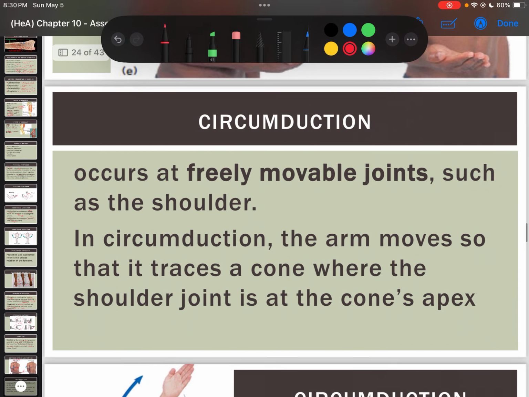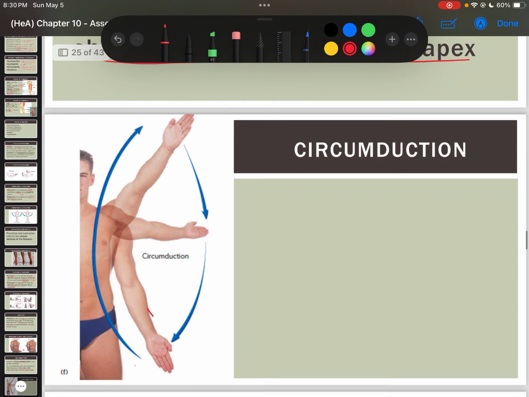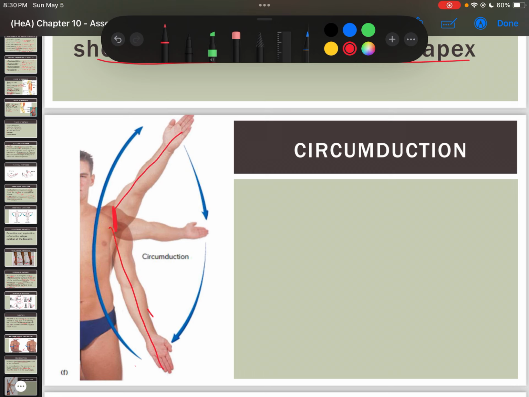Okay? Next is circumduction. It occurs at the freely movable joints such as the shoulders. In circumduction, the arm moves so that it traces a cone where the shoulder joint is at the cone's apex. If this is the shoulder joint, this is the apex. It creates a sort of cone.